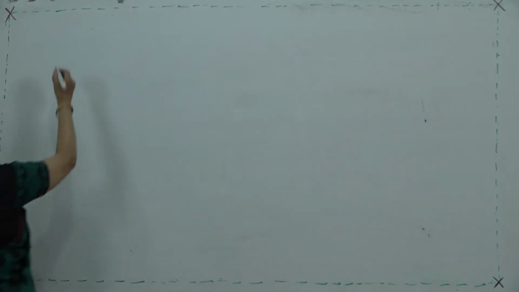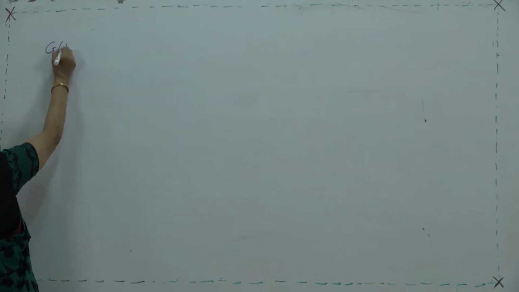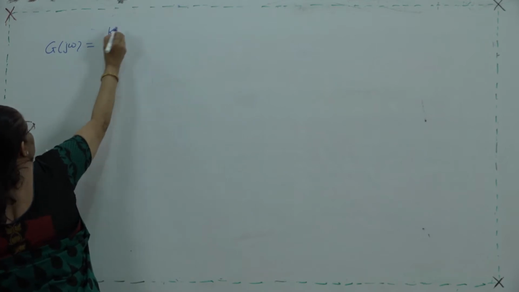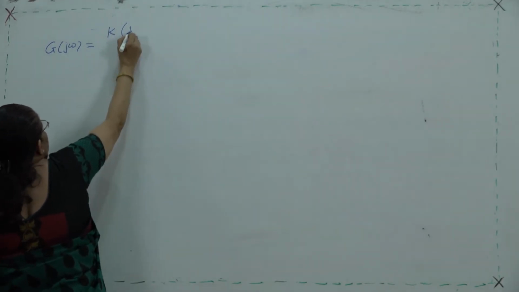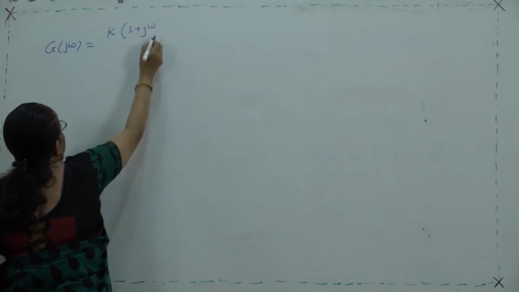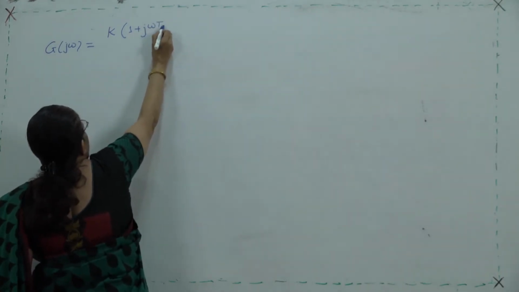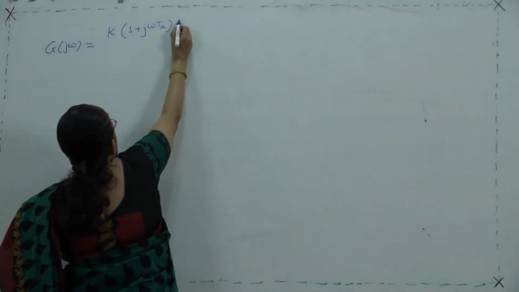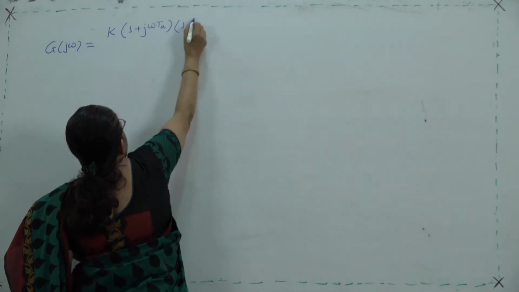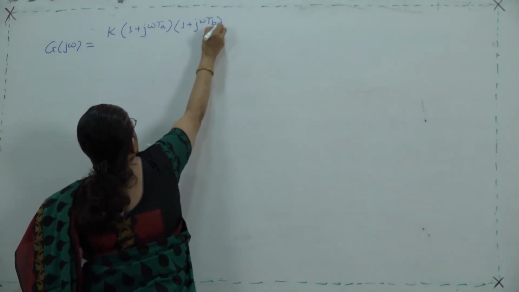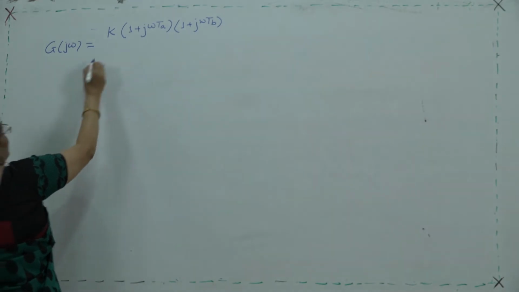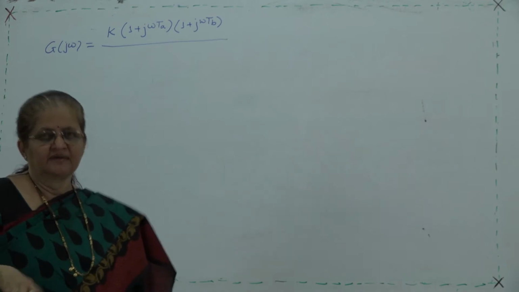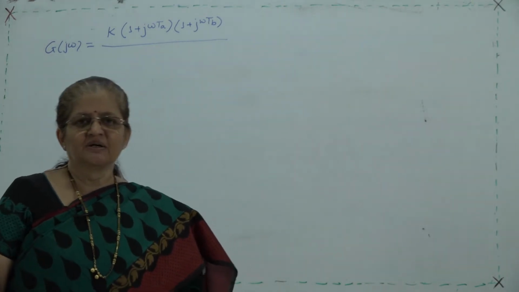So, suppose now G(j omega) is equal to some gain constant k into (1 plus j omega Ta), that is the first zero here, and the second zero we are representing as (1 plus j omega Tb). Like that there may be many terms where real zeros are there, and similarly complex zeros.